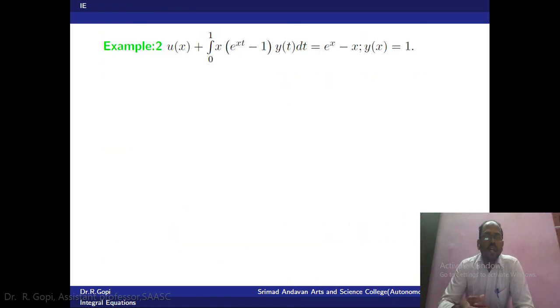Then example 2. Here u of x plus the integral from 0 to 1 of x into (e power xt minus 1) into y of t dt equals e power x minus x, and y of x equal to 1. So you have to take the left hand side.